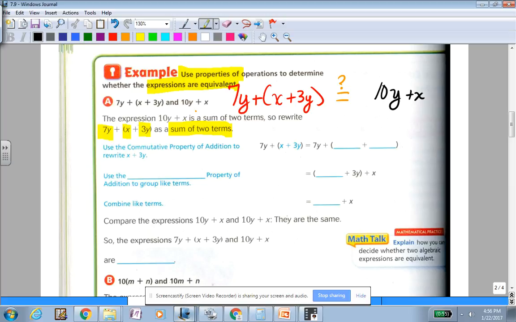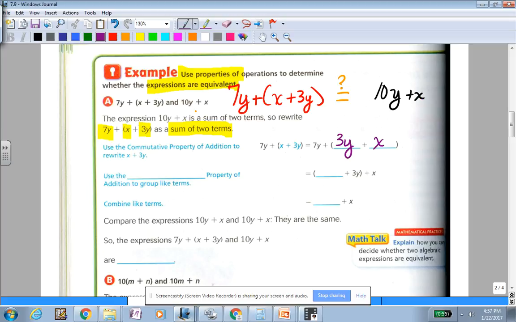Well, I use the commutative property on x plus 3y, saying I could reverse the order, that's fine. Let me flip-flop this and make sure that the 3y now comes first, and I have x there.